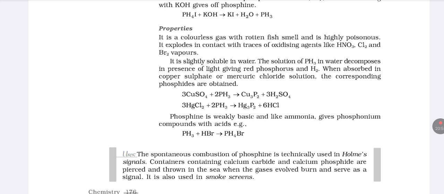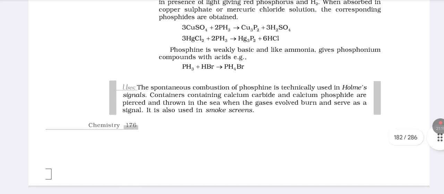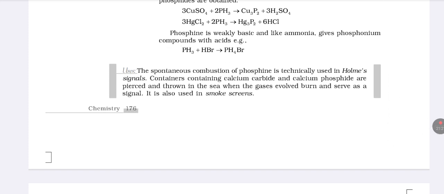The solution in water decomposes in the presence of light, giving red phosphorus and hydrogen. When absorbed in copper sulfate or mercury chloride solution, the corresponding phosphides are obtained. Phosphine is weakly basic and, like ammonia, gives phosphonium compounds with acids.